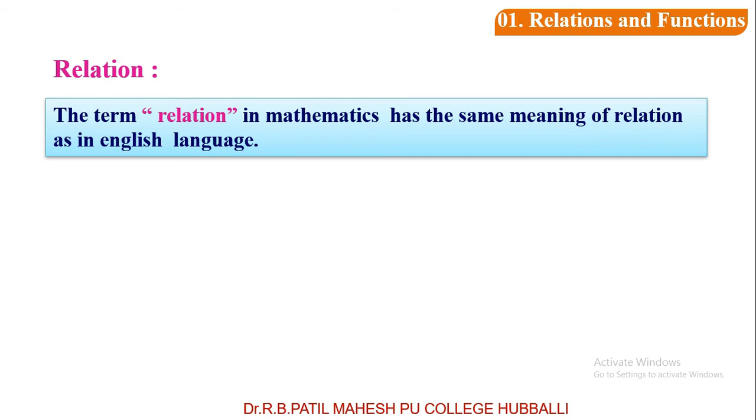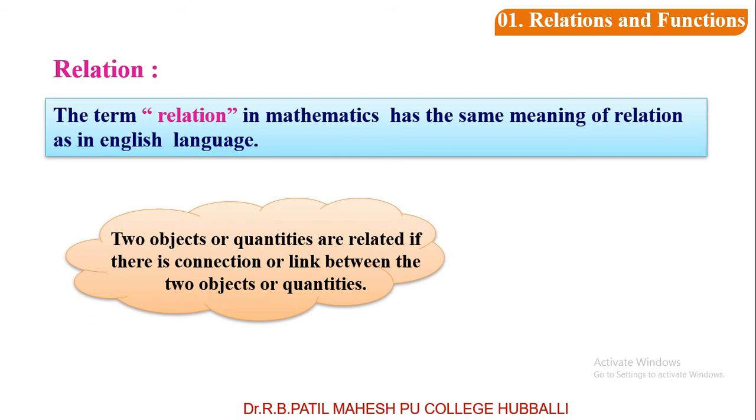In mathematics, we again study relation as we study in English language. Two objects or quantities are related if there is a connection or a link between them. If there is a connection between two objects, then we say there is a relation between the two objects.